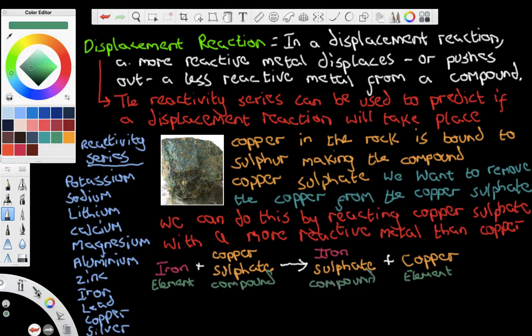And we can say finally, in red, that because iron is more reactive, it displaces the copper from the compound.